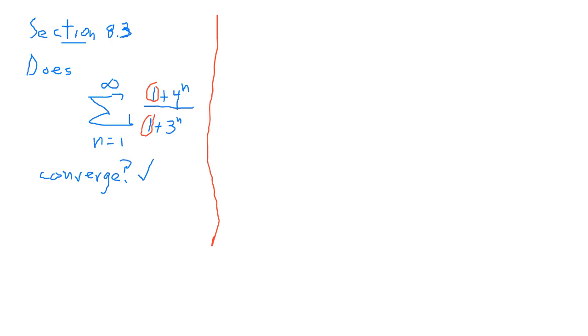So for large n, when the terms of the series get large, the terms of the series are going to be approximately equal to 4 to the nth power divided by 3 to the nth power. So if you had the sum where n goes from 1 to infinity of 4 to the nth power divided by 3 to the nth power, what kind of series would you recognize that to be?